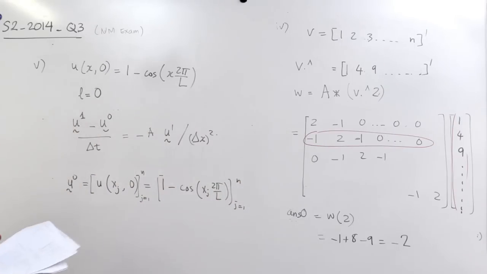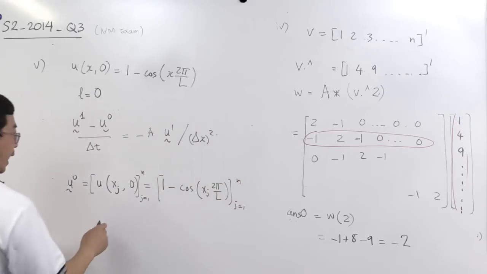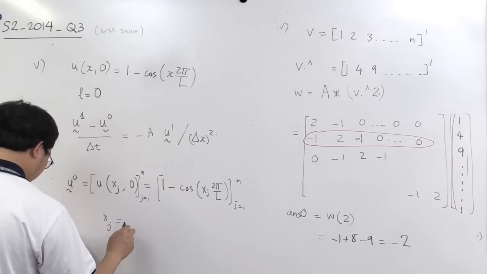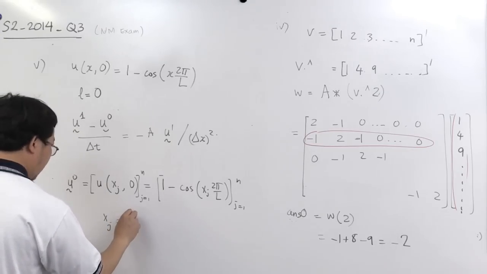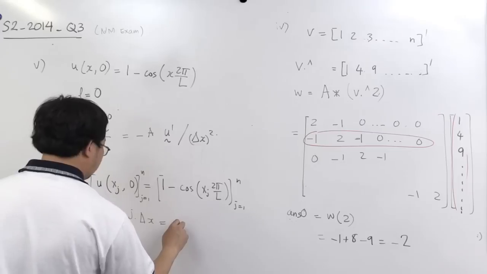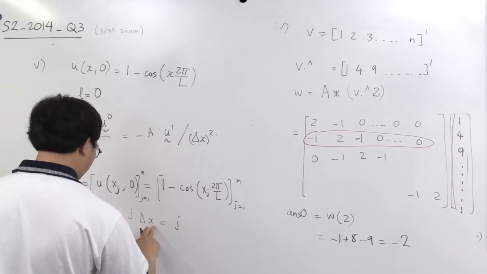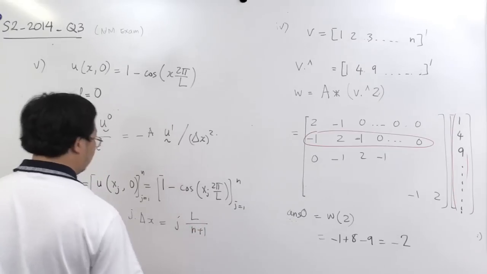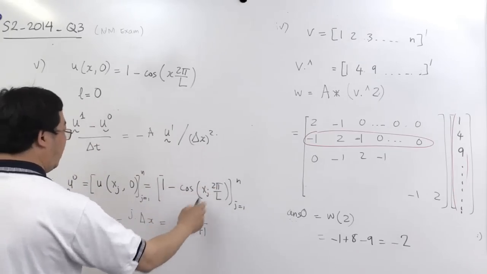If you remember, xj in the very beginning is given by j multiplied by delta x, where delta x is just L over n plus 1. Then you can simplify this a bit more.